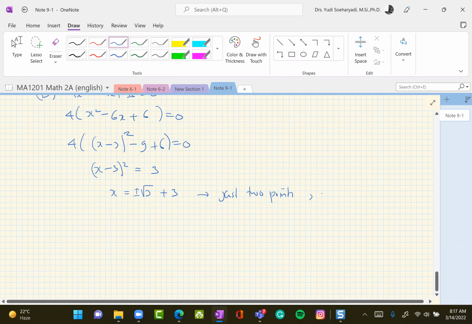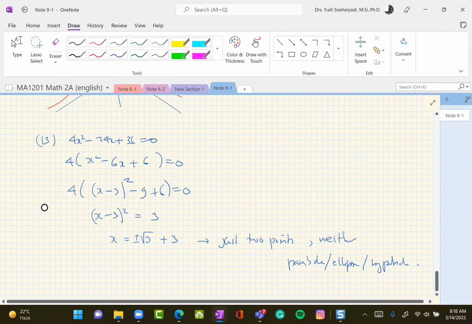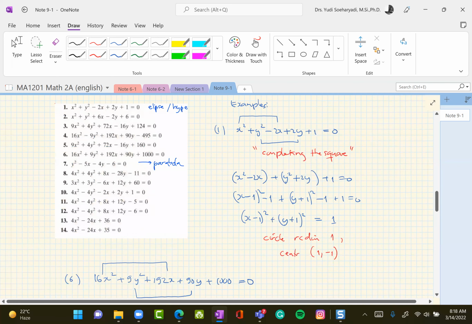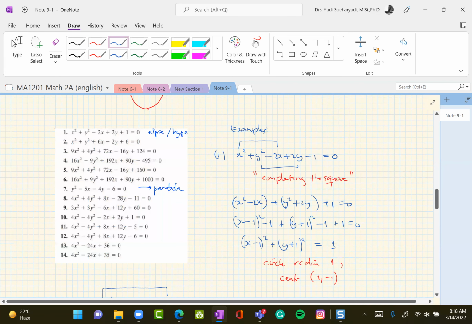So this is neither parabola, ellipse, or hyperbola. Okay. So these are various kinds of quadratic equations in two variables. Some might be ellipse, hyperbola or parabola.